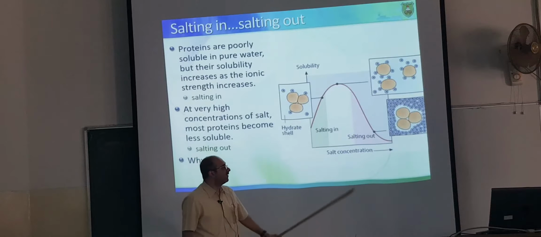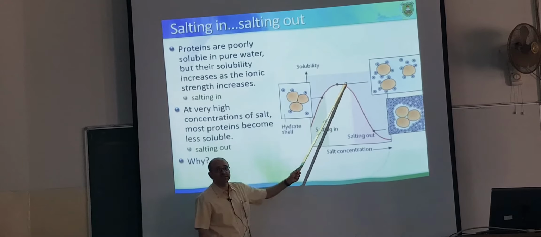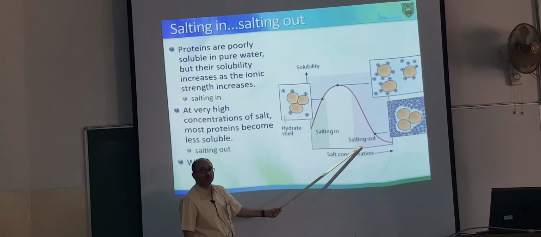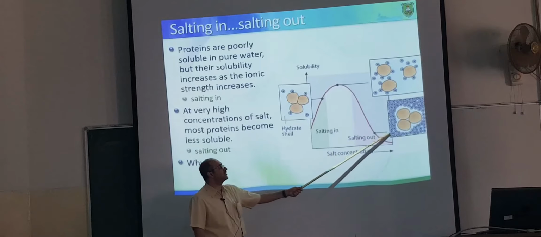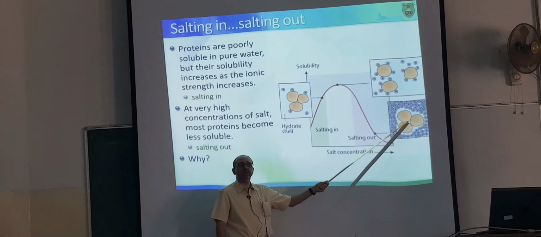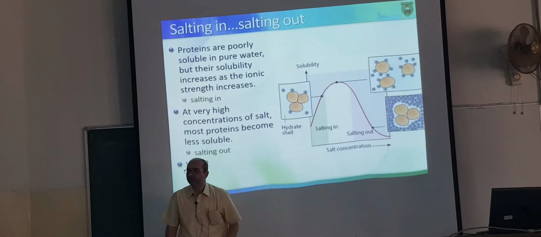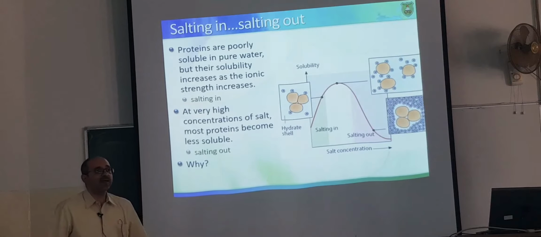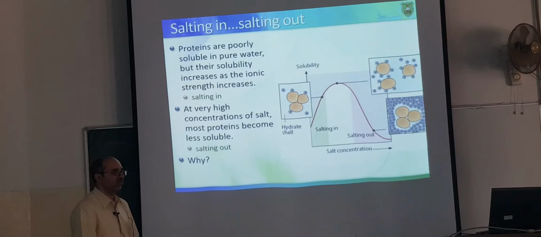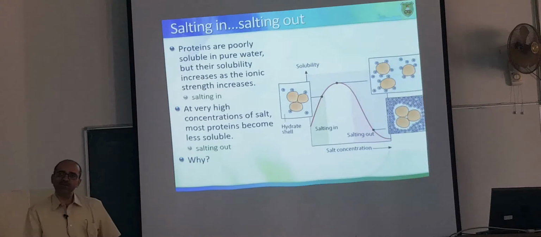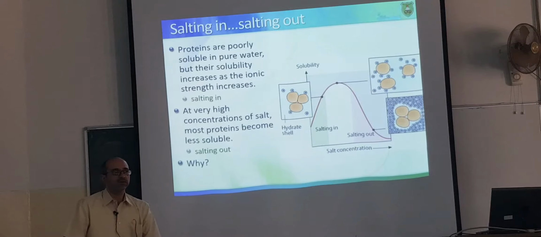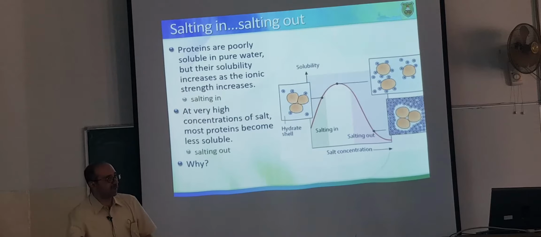But if I increase the salt concentration to a very high level, this is called salting out, and proteins will tend to aggregate with themselves. Why? Because the ions interact with the water molecules. So I will not have any ions or water molecules left to interact with the proteins.